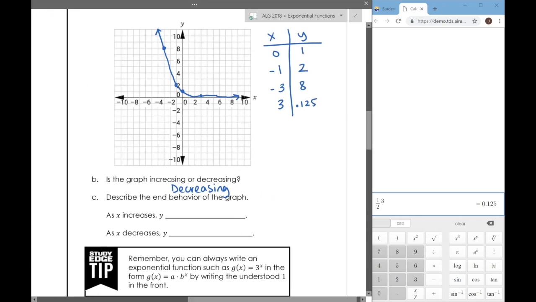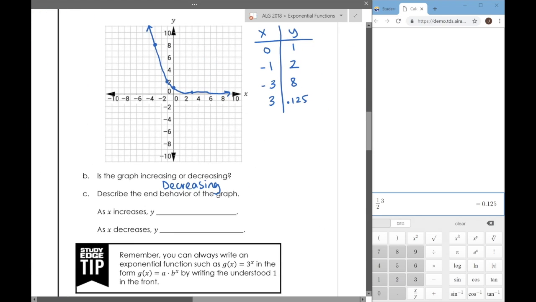Okay, so on this one, as x increases, so as your x numbers increase, what happens? Well, your y's approach 0. Approaches 0. Now, as x decreases, so as x numbers get smaller, so -2, -4, those are small numbers because they're negatives.